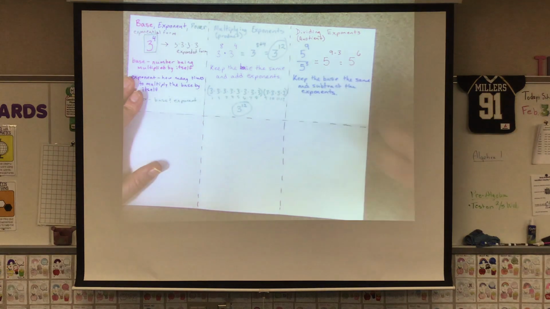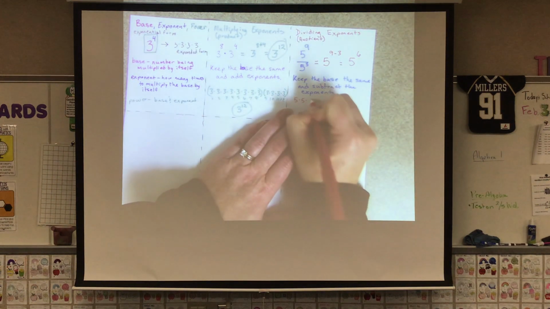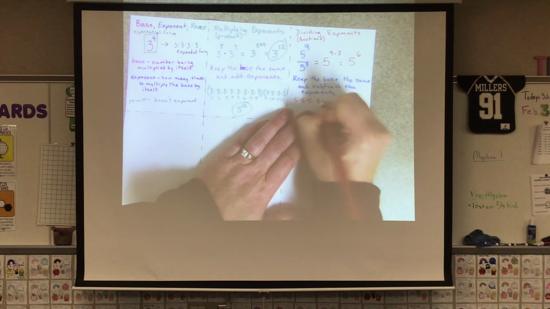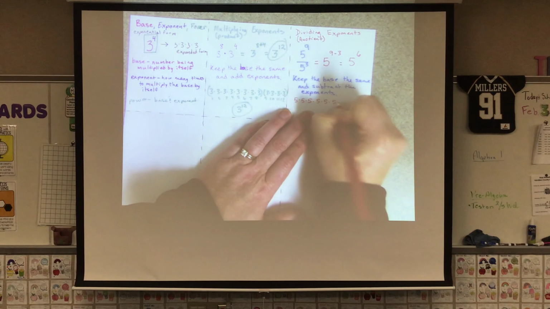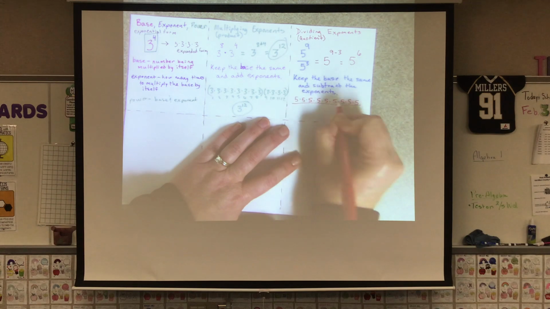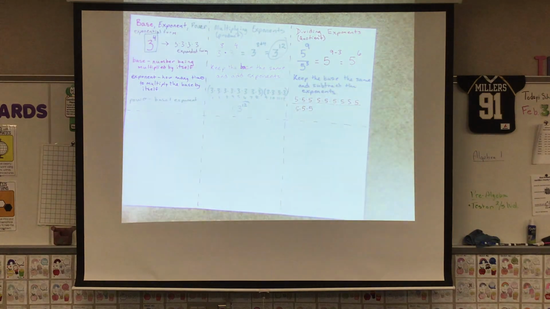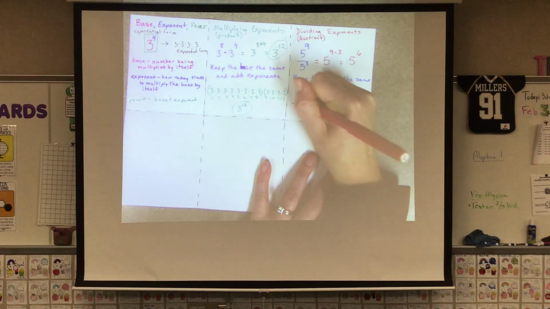Obviously, we can always write this out. If we do that and write it in expanded form, 1, 2, 3, 4, 5, 6, 7, 8, 9, 10. Okay. Remember that when you divide a number by itself, it becomes a 1.